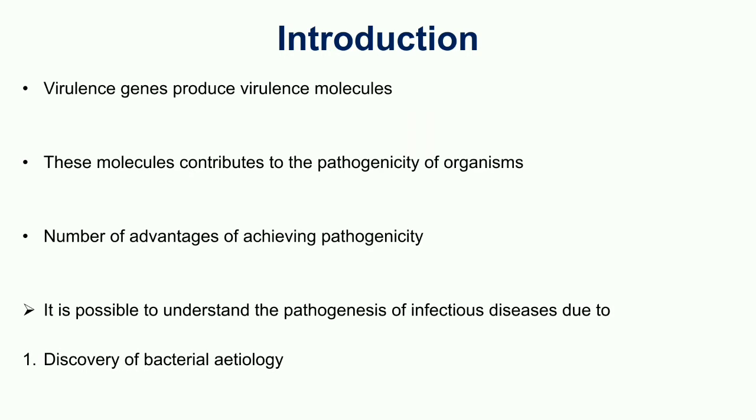First and foremost was the discovery of bacterial etiology. That is, bacteria are the cause of disease in most cases. The second was the ability to purify and characterize the toxins produced by the bacteria.